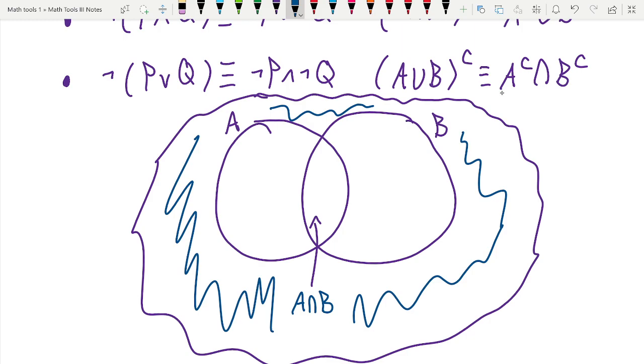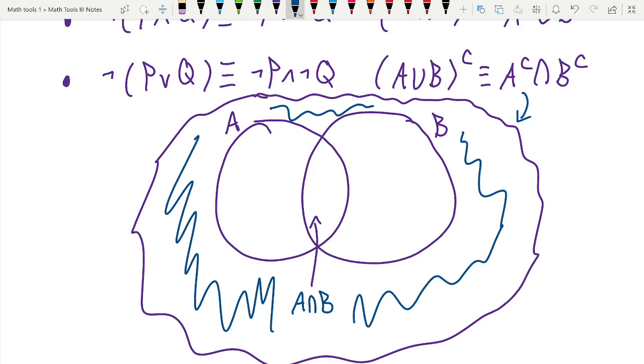The A complement then would be everything outside of A, including the stuff inside B. But then B complement would be everything outside of B, including the stuff in A. But then when you take the intersection of those two, it would just give you the outer part, right? So that's this one right here.